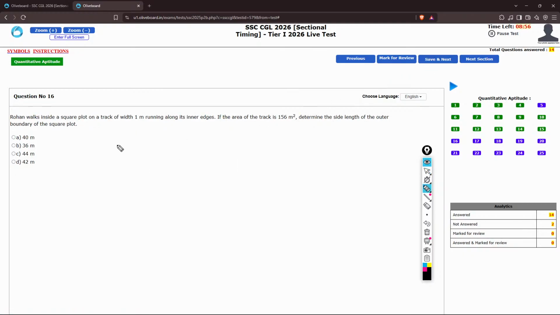Rohan works inside a square plot on a track width of 1 meter running around its edge. If the area of the track is this, the side length of the outer boundary. So this is 14, right? What? No, no, no. Area of the track is this. Again, side length of the outer boundary of the square plot.